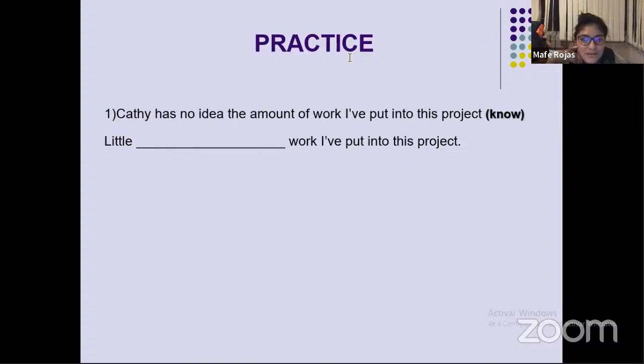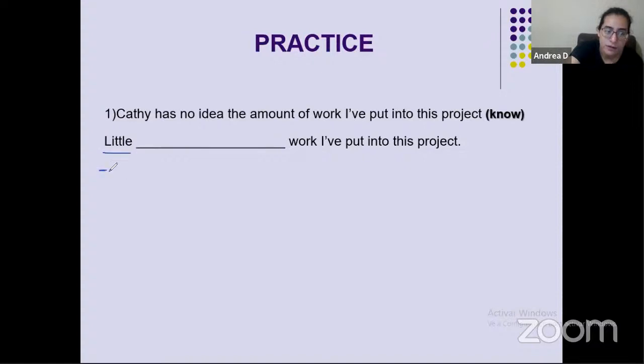Little does she know, but it is negative. The thing about this is that little is already a negative adverbial.